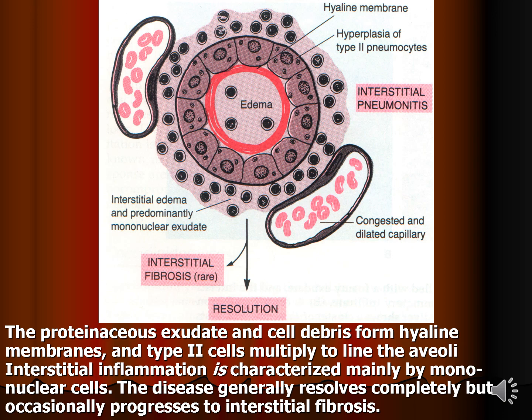We see two possible ways of outcome. It could lead to resolution or interstitial fibrosis. The same morphology and the same outcomes could be possible due to COVID-19 pneumonia.